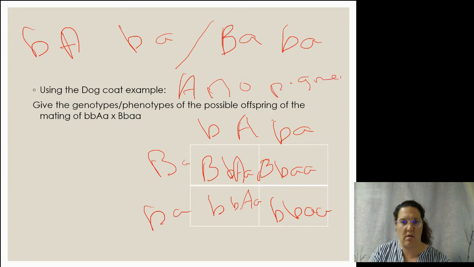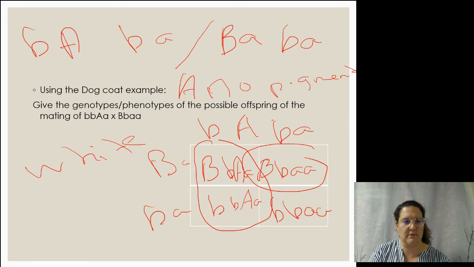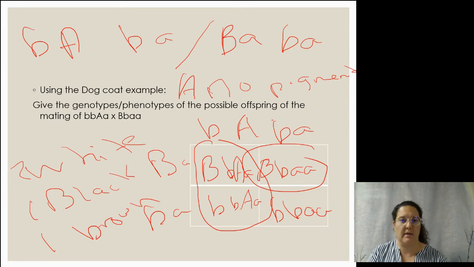So these two dogs are going to be white. So we're going to have 2 white, 1 black, and 1 brown dog in this example.